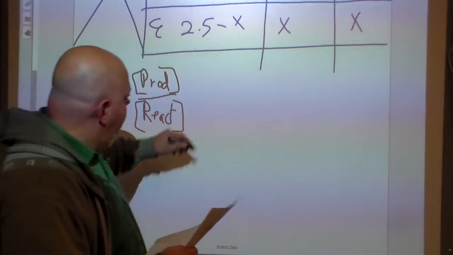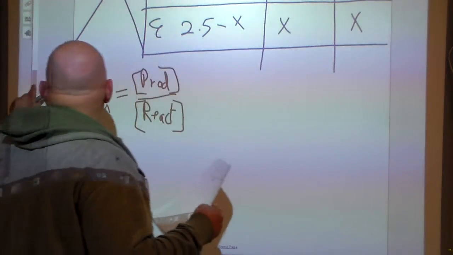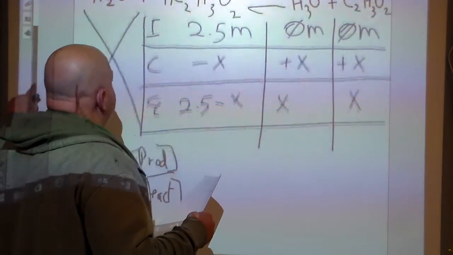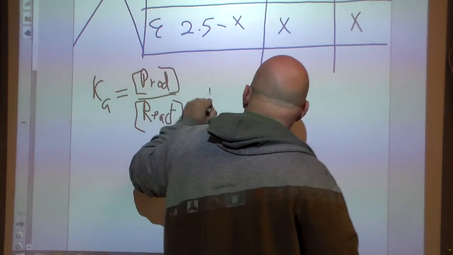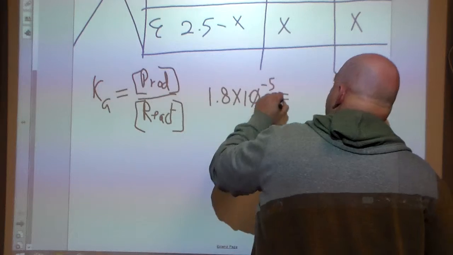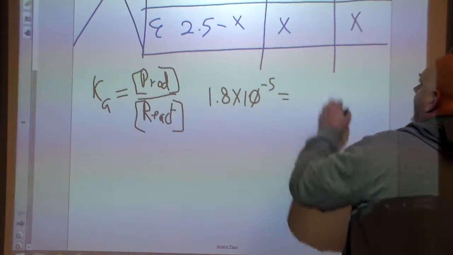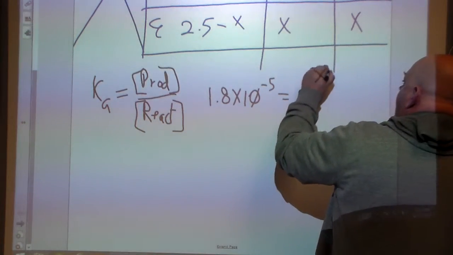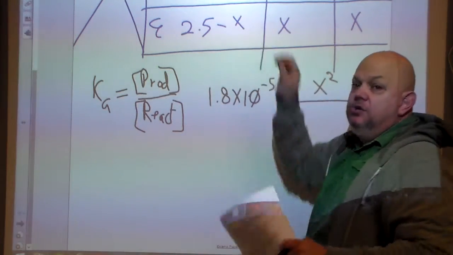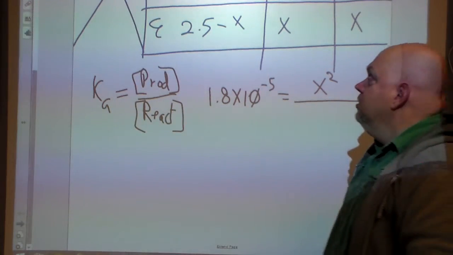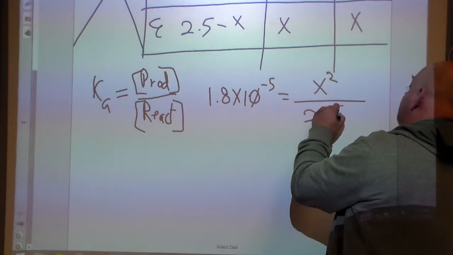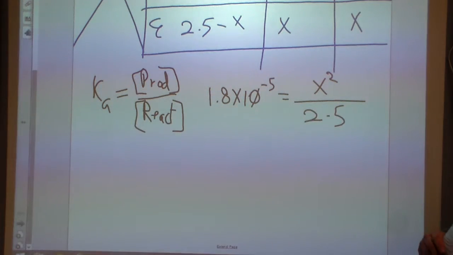The acid dissociation constant, given in the problem, is 1.8 times 10 to the minus 5. So 1.8 times 10 to the minus 5 is equal to the concentration of our products, x times x, or x squared, divided by the reactant. Since x is really small, it shouldn't affect the 2.5 much, so we can eliminate it and put the 2.5 down here.